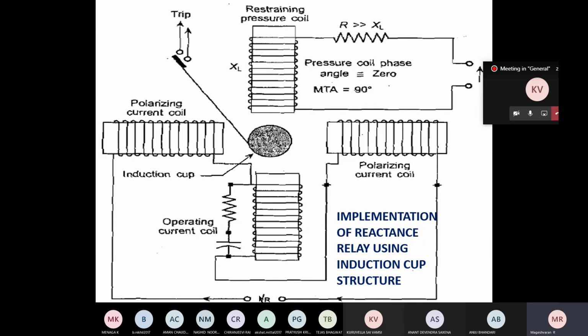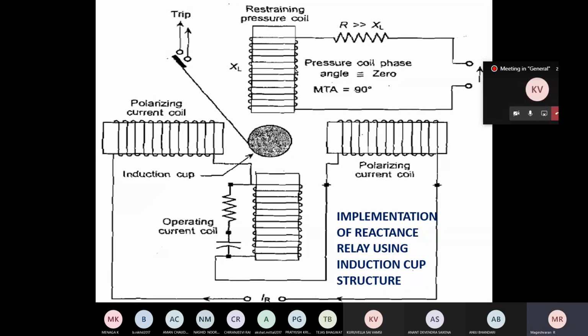Now the current is fed to the operating coil as well as these polarizing coils. Here the word polarizing means it is determining the directional unit. It is relevant to the directional unit, even though it looks like it is in series with the operating coil, but it is involved with the directional unit. Okay, that you have to understand.